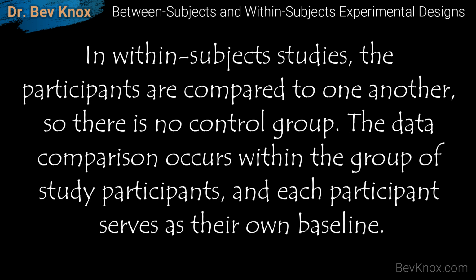In within subjects studies, the participants are compared to one another, so there is no control group. The data comparison occurs within the group of study participants, and each participant serves as their own baseline.